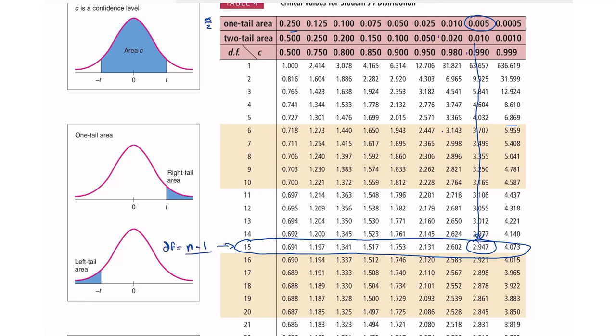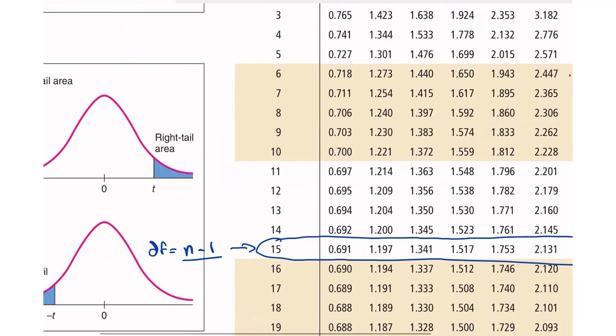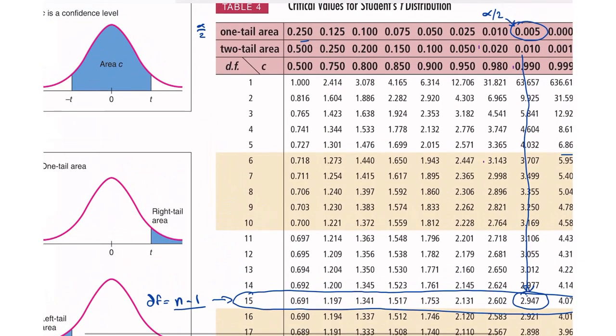It's n minus 1, that was 15. And then this here was alpha over 2. Sorry about that, sometimes my iPad does that. So the alpha over 2, the one-tail area: all of the test statistics that I give you on the formula sheet have one-tail area in them. Okay. So we're going to use the top line, and we found 0.005, and degrees of freedom is n minus 1, which is 15: 2.947.